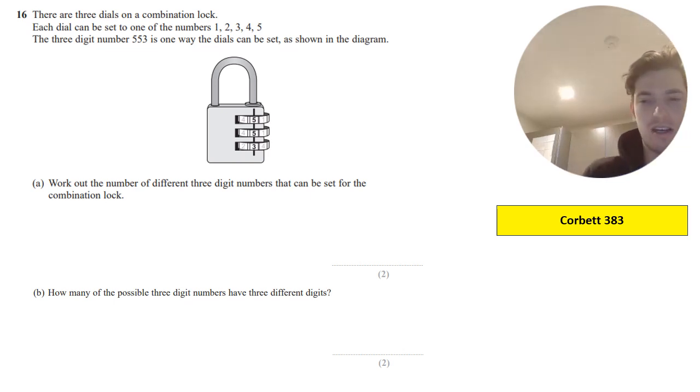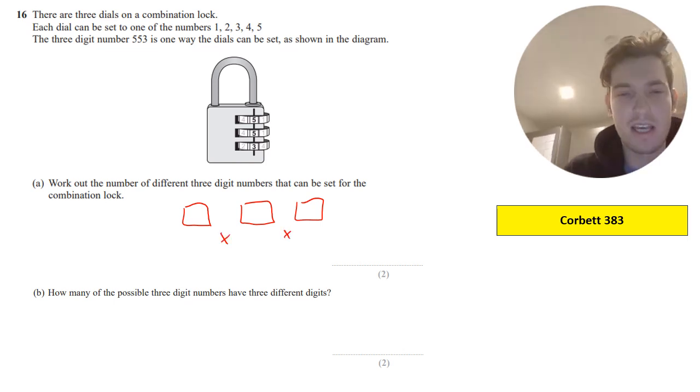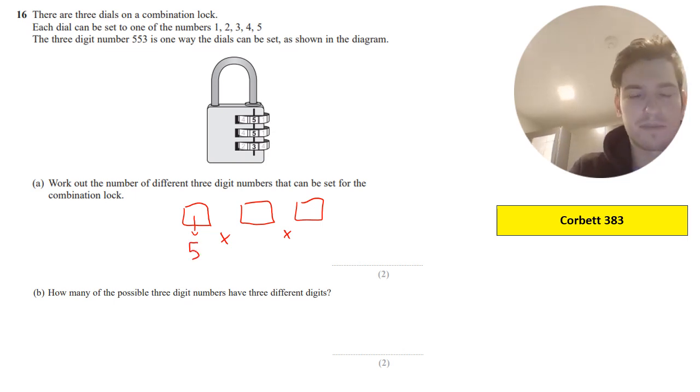Okay, this is a nice question, and we did this not too long ago. And the way to think about this is to think, how many different combinations can there be for each part of the lock? Well, for the first one, the first digit could be 1, 2, 3, 4, or 5. So there are 5 combinations.